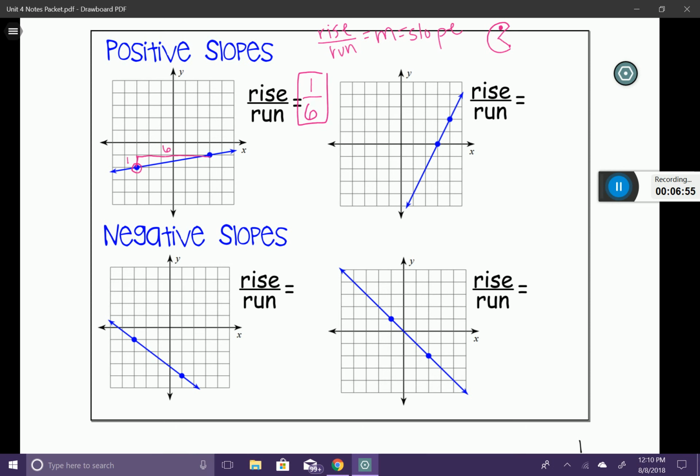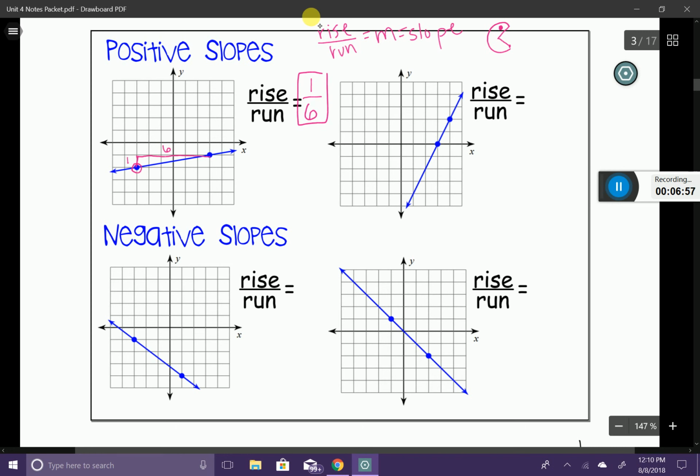Let's go ahead and do another one. I'm going to choose this coordinate over here to begin with because it doesn't matter what coordinate you begin with. So let's go ahead and rise. I'm going to rise going this direction. Now going downward means that you're going negative. So really I'm going down -2.